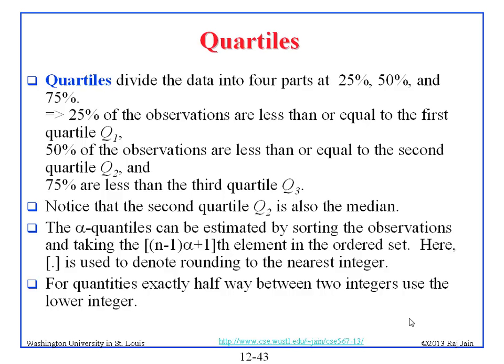And I would change this one. Everybody understand what the change is? I am not agreeing with the last sentence on the slide, which says that for a quantity exactly halfway you take the lower one. Rather than taking the lower, take the average.